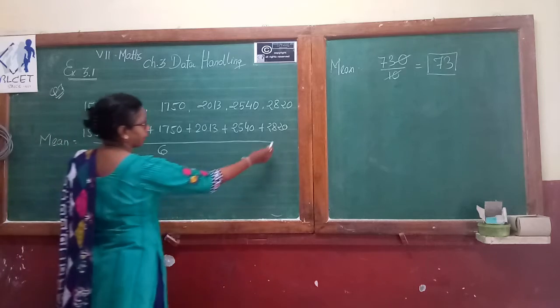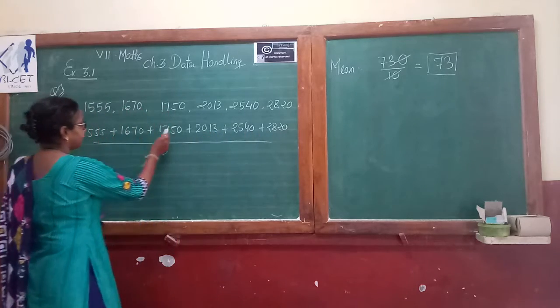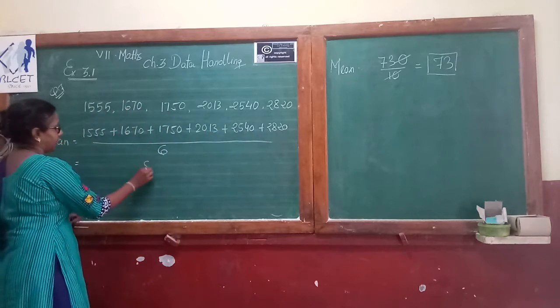First we do the addition of ones place: 0, 0, 3, 3 plus 5 is 8.